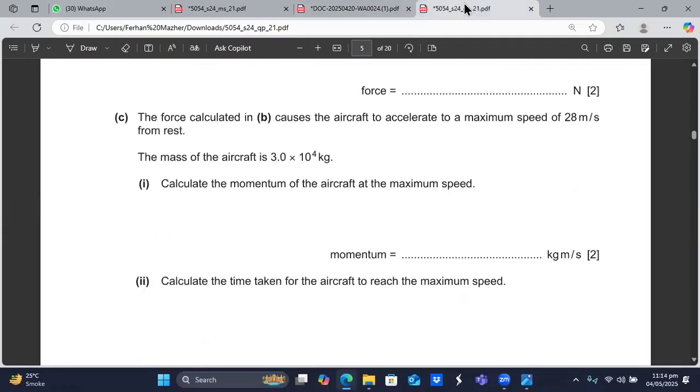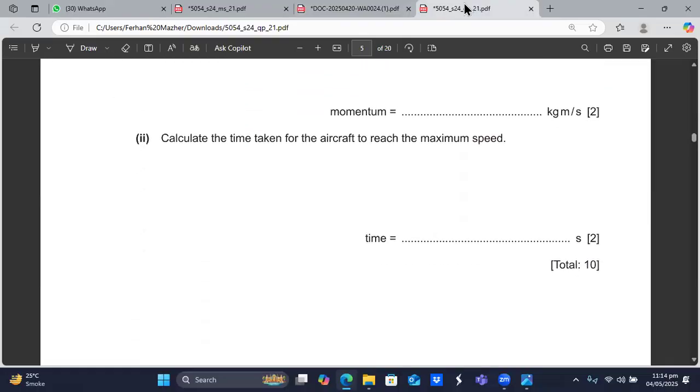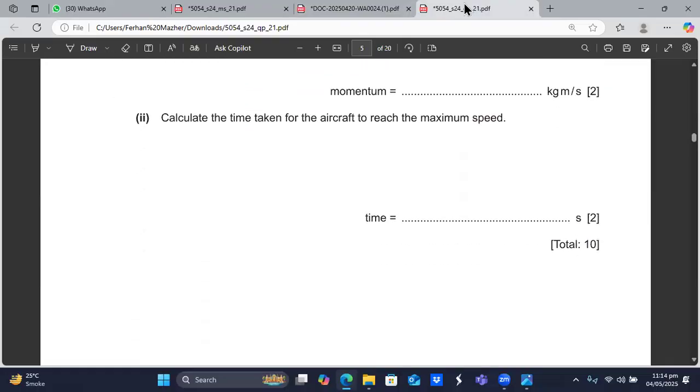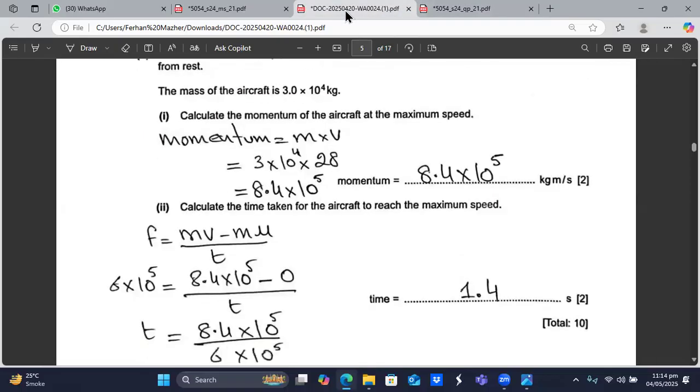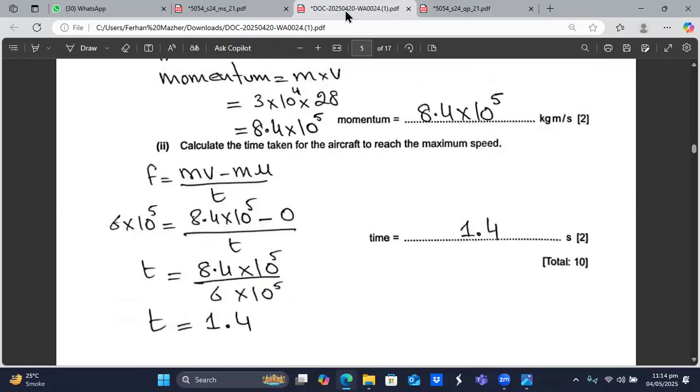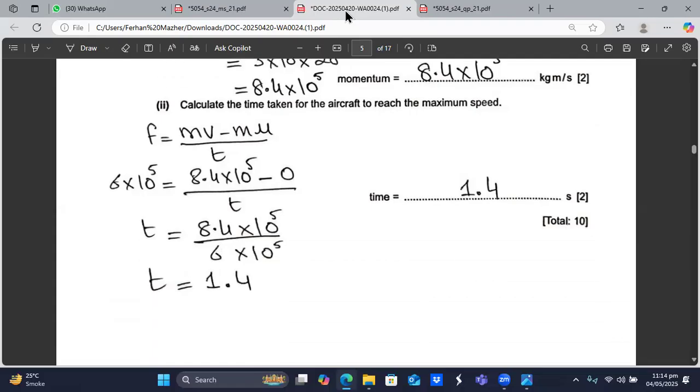Okay, then we have, he says, calculate the time taken for the aircraft to reach the maximum speed. We know the resultant force, we know the mass, we can find the time. So here we are using that the force is equal to the rate of change of momentum. A force is equal to the final momentum minus initial momentum, the whole thing divided by time.